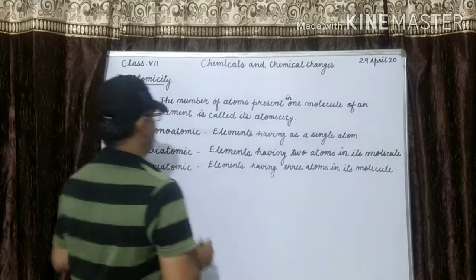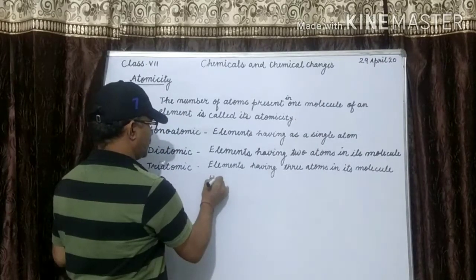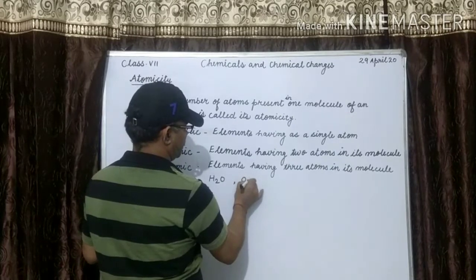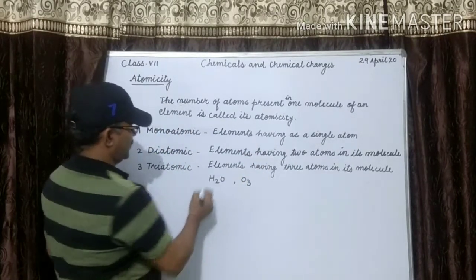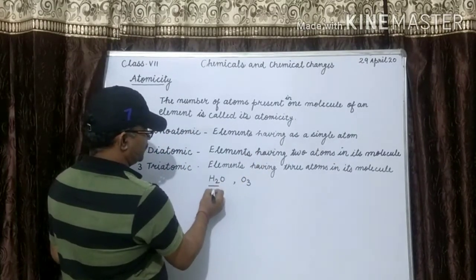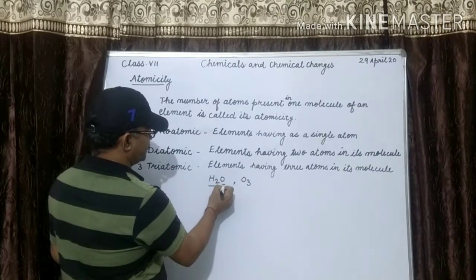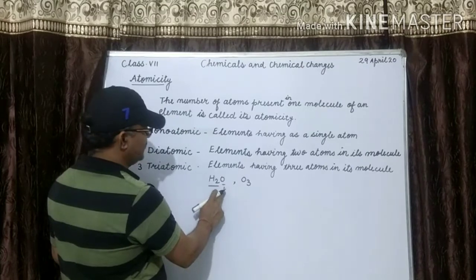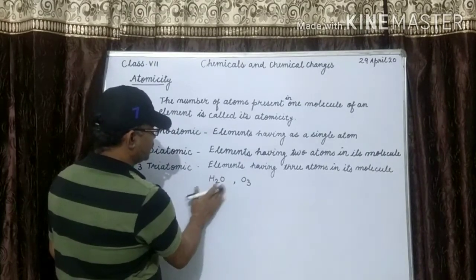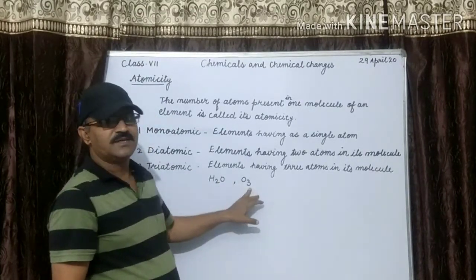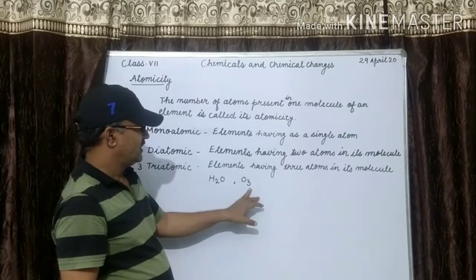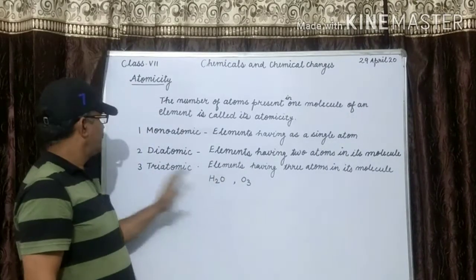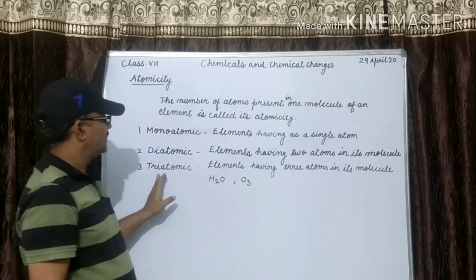For example, water and ozone. Here the atomicity of hydrogen is 2, and what is the atomicity of oxygen? 1. So there are 3 atoms in total. Like this, in ozone there are 3 atoms of oxygen in its molecule. So atomicity is 3 and it is triatomic.